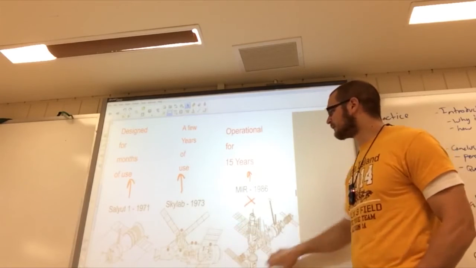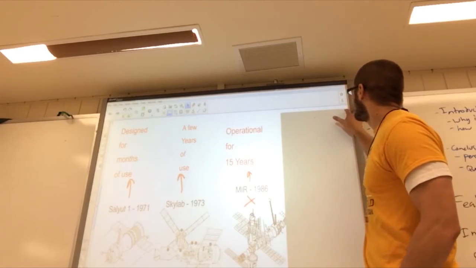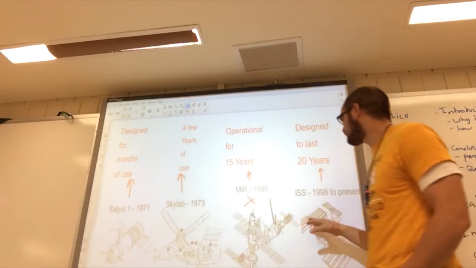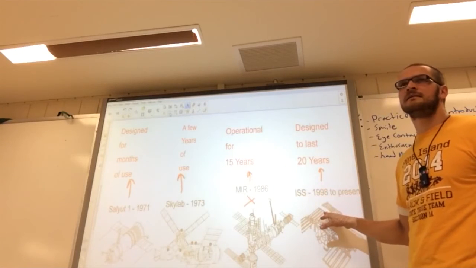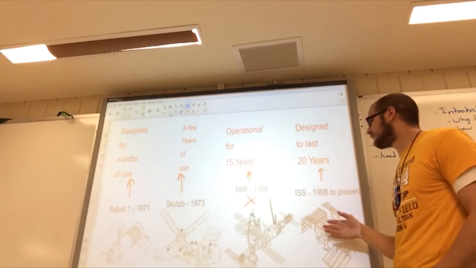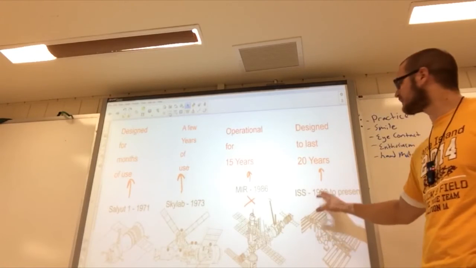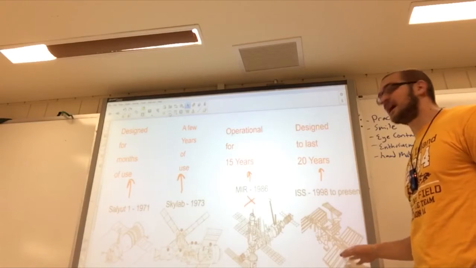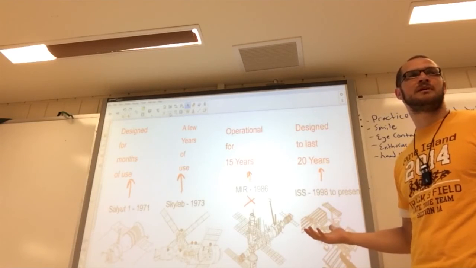Well, everything they learned in the Mir was put to use when they built the International Space Station. This last one was started in 1998, but it was designed to last 20 years. It first came up about the year 2000, so it's actually supposed to be over at about 2020.